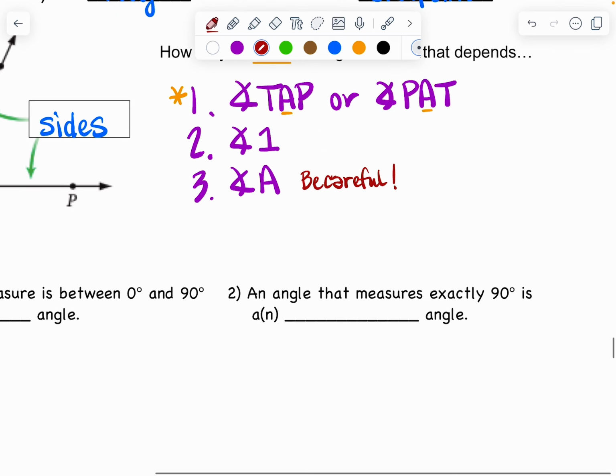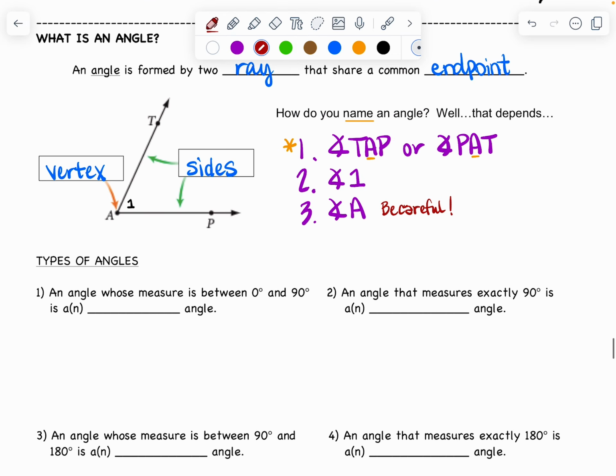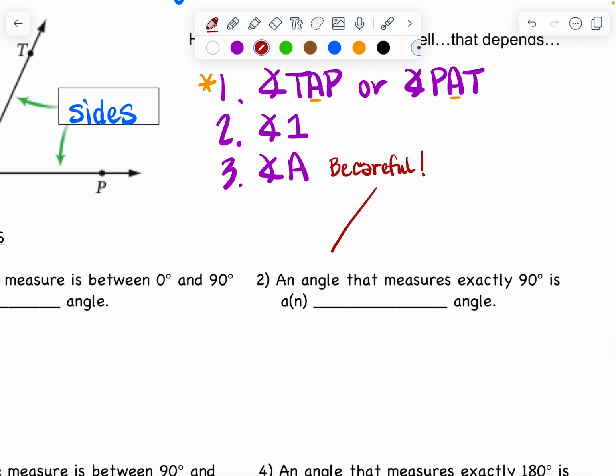All right, I'm just going to draw a little illustration here. Let's see, TAP. I'm going to kind of redraw that same angle, that TAP that's over there off to the left. T, A, and P. And of course, what if I decided to split the angle somehow, right, and add another ray, right?